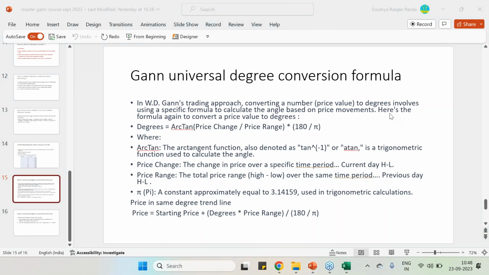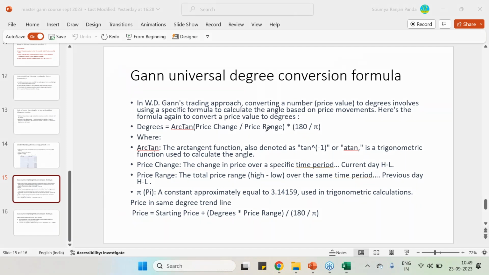So this is a different formula as such. Never take the price, never take the rotation concepts. It takes from the price range, what kind of vibration created, what kind of price depth created. From there it defines the degree.